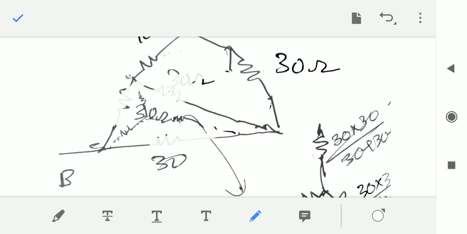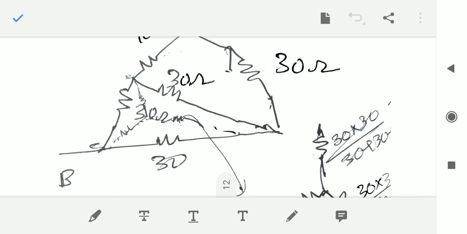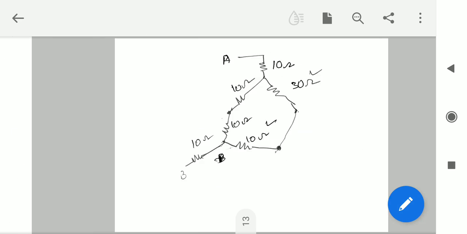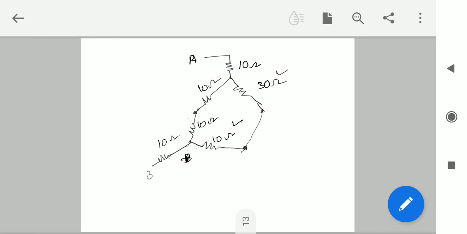For a star end connected between two delta resistances, the star resistance value can be obtained by the formula R1 into R2 divided by the sum of the resistances. After converting this, it looks like this.